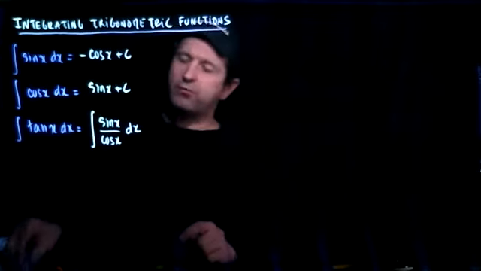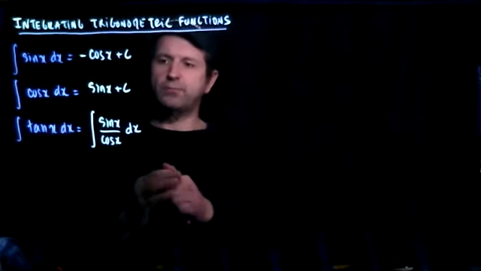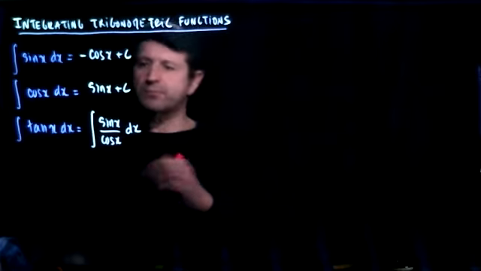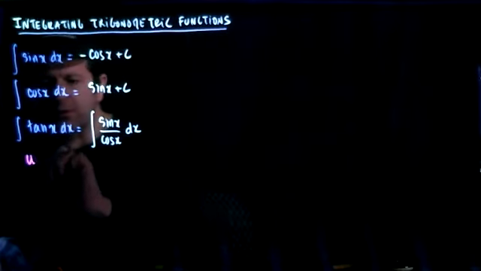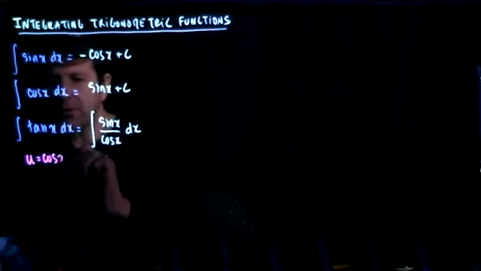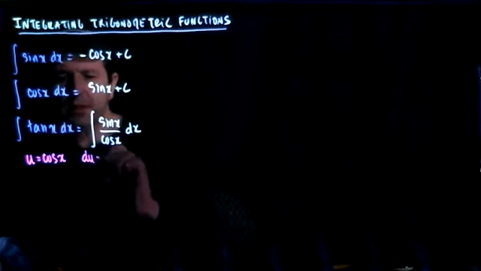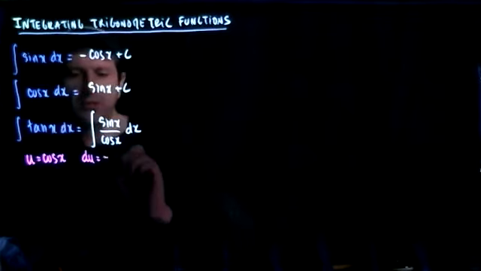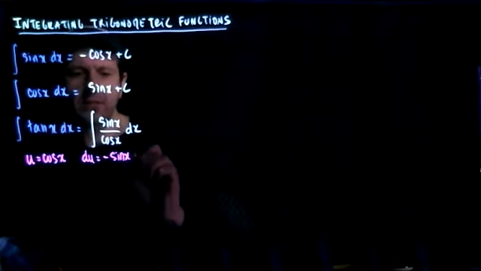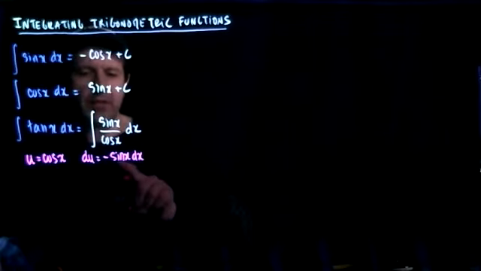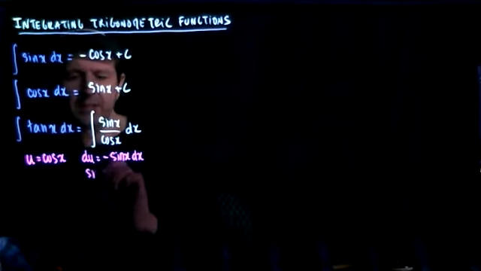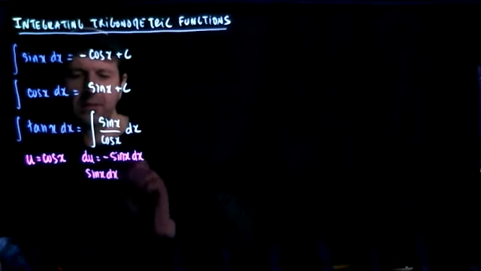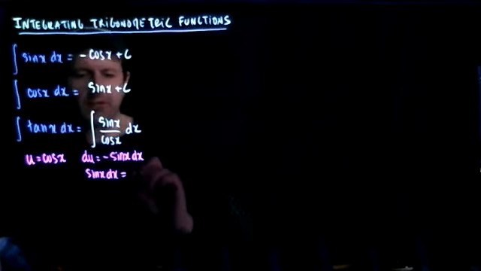And then for this one, we'll do a little substitution. u equals cos x, and so du, the derivative of cos, is negative sine x dx. And therefore sine x dx is negative du.